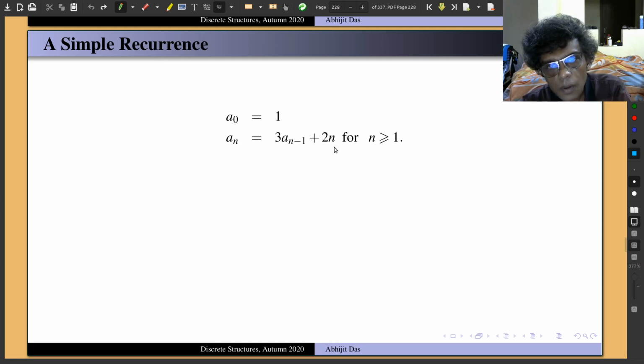We call this a linear recurrence with constant coefficients, and this is actually non-homogeneous because there is something coming here. Anyway, these terms will be introduced to you in the next section, and in the next section you will also see mechanical ways of solving such linear recurrences with constant coefficients.